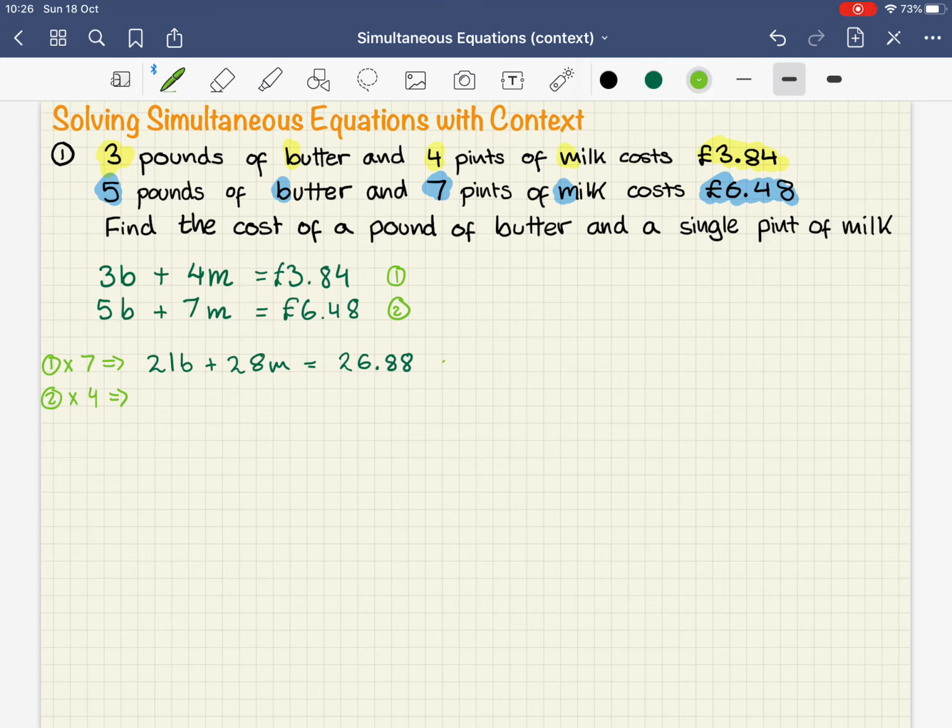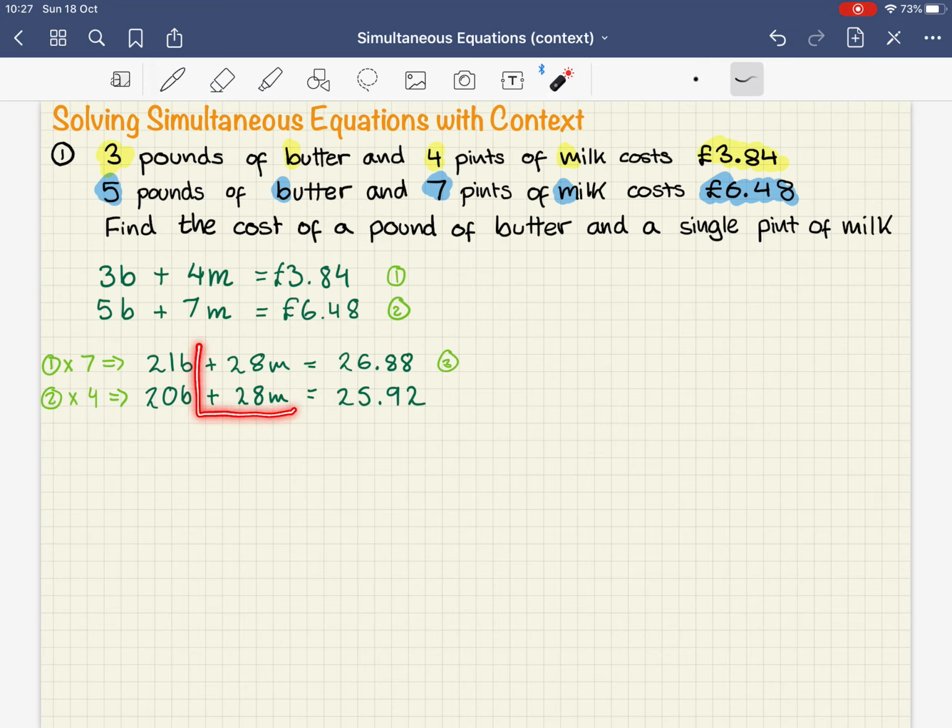So that's now my equation 3. And then 5b times 4 is 20b plus 28m. And then I want to do that 6.48 times 4, which is just going to give me 25.92.